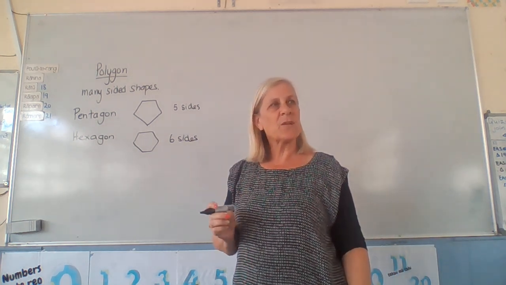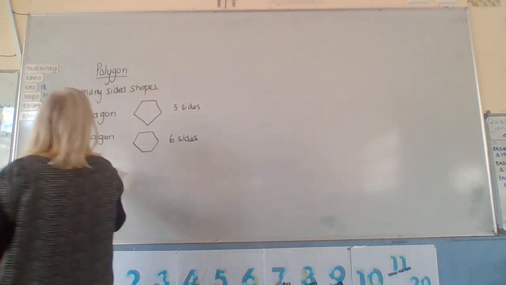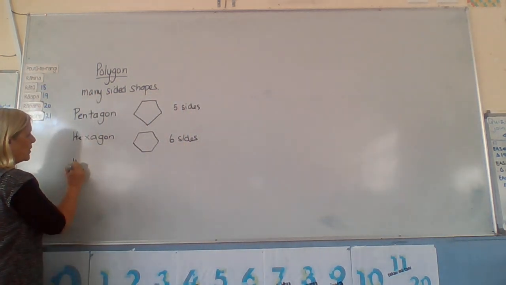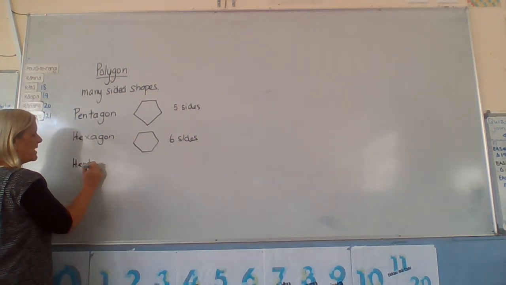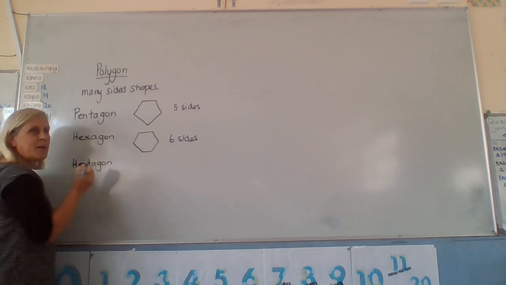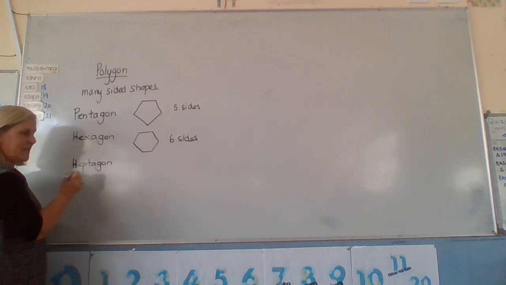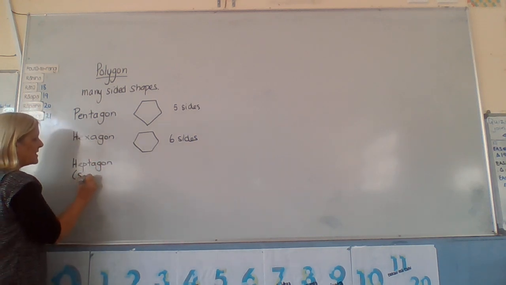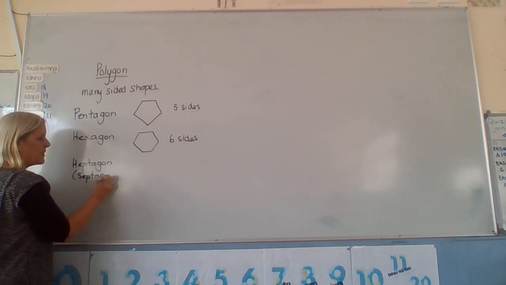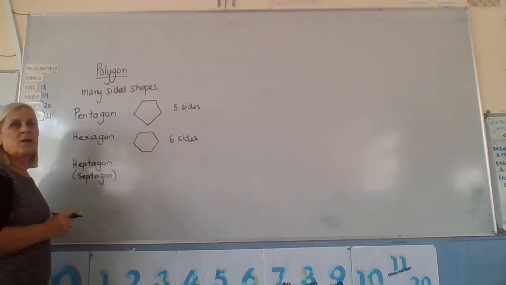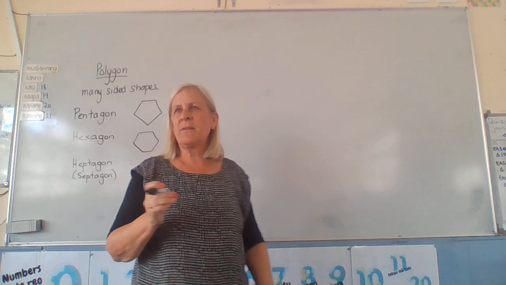This one is an interesting one. The most common name for it is a heptagon. Does anybody know the less common name for it? William? Right, a septagon, and that's the difference between the Romans and the Greeks. We have the same thing in athletics.